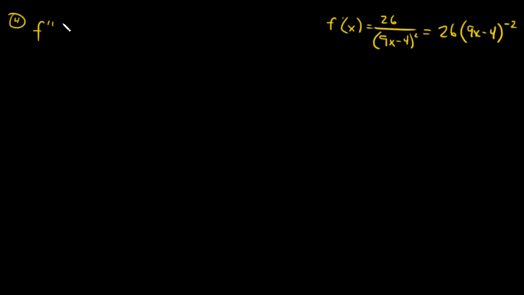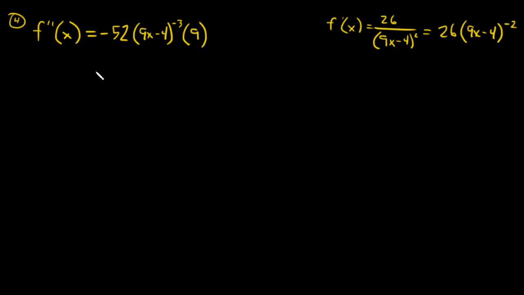The reason I want to do that is because that makes f double prime of x really easy to find. Because then f double prime, well, this is just a power chain, so this becomes negative 2 times 26, negative 52 times 9x minus 4 to the negative third power times what? 9? Yep. Alrighty. So now I just need to figure out what this is. Negative 52 times 9.